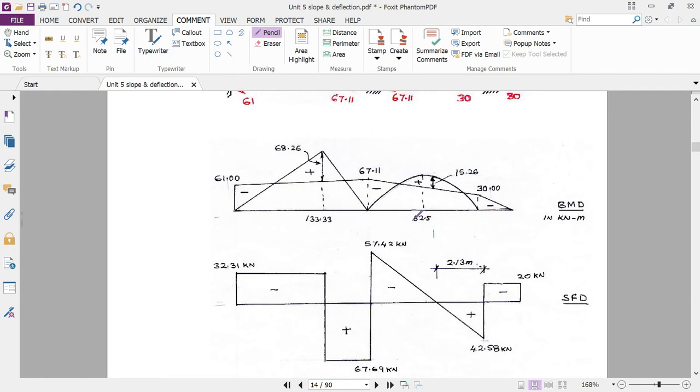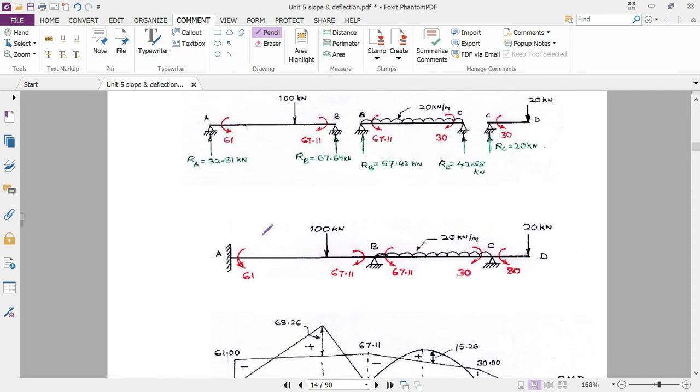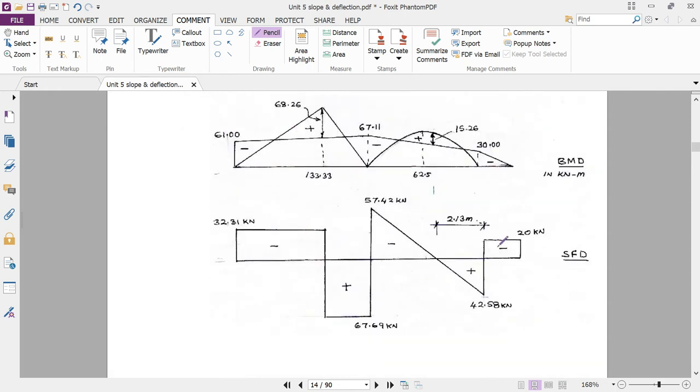So this is a net bending moment diagram. What does this diagram represent? It represents the combination, or the additional effect, of the sagging bending moment as well as the hogging bending moment. When you club these diagrams, you get the net bending moment diagram. And last, based on the reactions, what we can calculate is a shear force diagram like this.